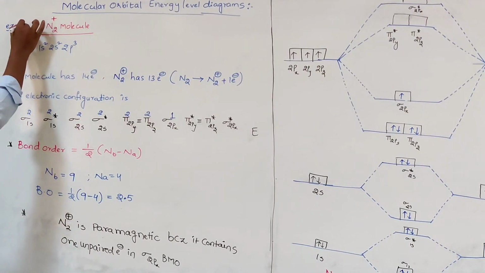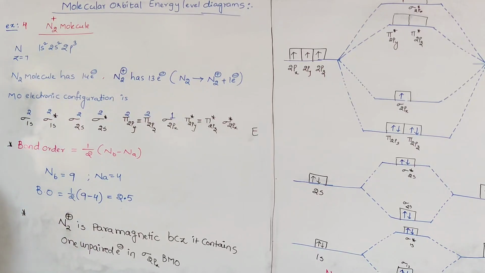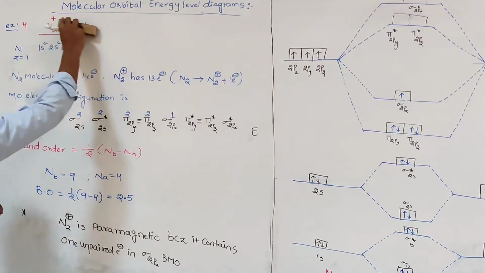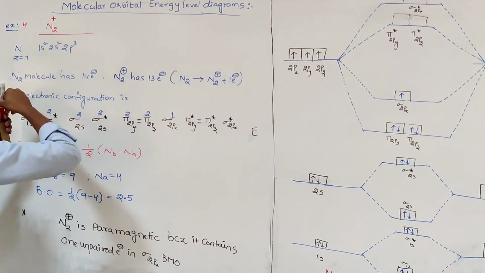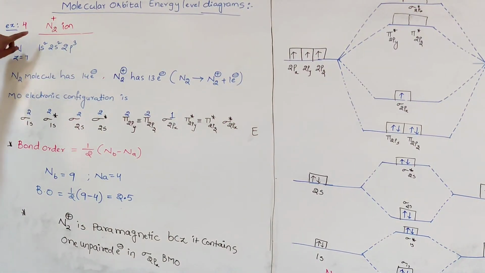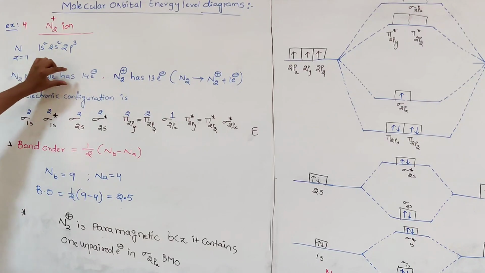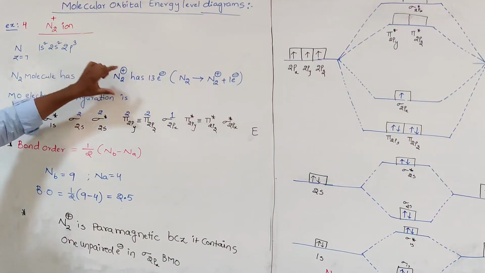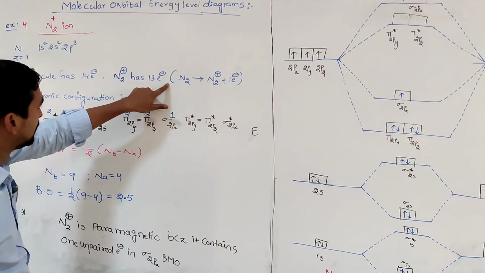So the fourth example is the N2 plus ion. The N2 plus ion is formed by the loss of one electron from the N2 molecule. The nitrogen atom is 1s2, 2s2, 2p3, so it has 7 electrons. The nitrogen molecule has 14 electrons, and by loss of 1 electron we get 13 electrons.